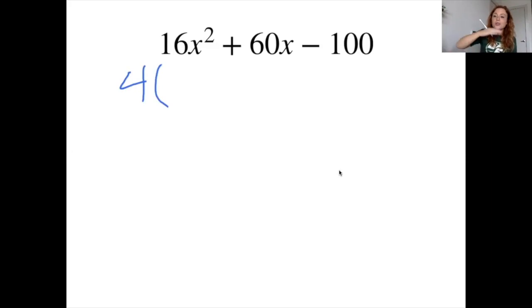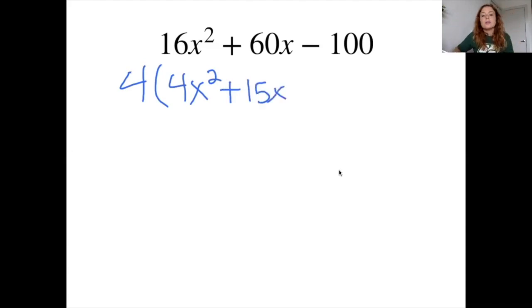So if I factored a 4 out of that, I would have 4 times 4x squared would give me 16x squared. 4 times positive 15x would give me 60x. Then 4 times negative 25 would give me negative 100.